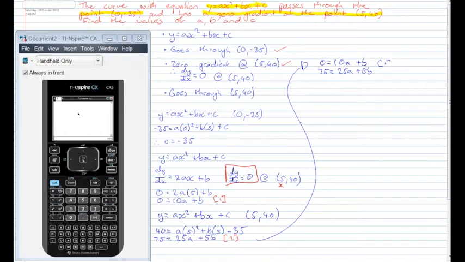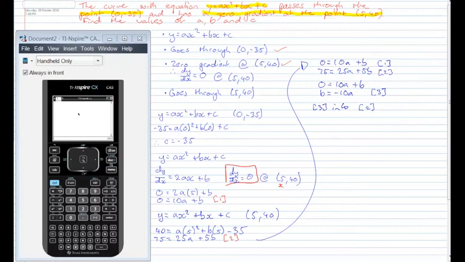If I've got 0 is equal to 10a plus b, I can rearrange that and find b in terms of a. So we get b is equal to -10a when I move the 10a over the other side. We can call that equation 3. Now, if I know b in terms of a, I can substitute -10a for anywhere that I see a b. So I'm going to put equation 3 into equation 2.